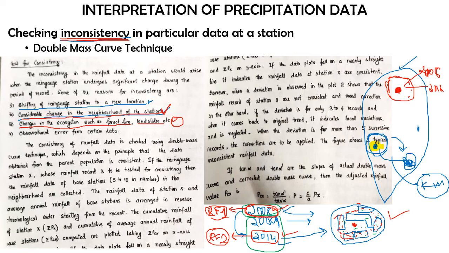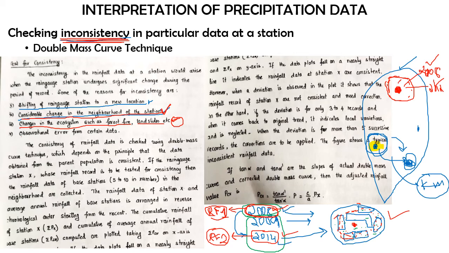If you have deforestation, that is, trees are cut because of any activities, even such things will come under this third point. Again, because of such a drastic change in the surroundings, the rainfall characteristics in 2008 and 2012 will be different, and because of that, inconsistency in data may arise in a particular rain gauge station. Okay, that is the third point.